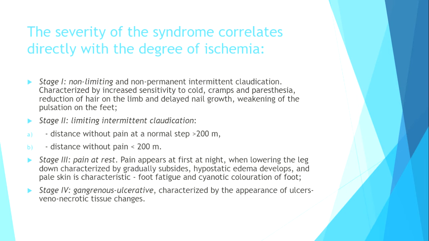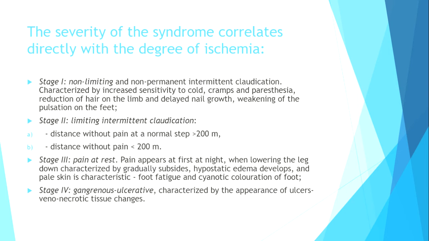Stage 2 is divided into two substages, A and B. A: distance without pain at a normal step more than 200 meters, and B: distance without pain less than 200 meters. Second stage is called limited and intermittent claudication. Stage 3: pain at rest.